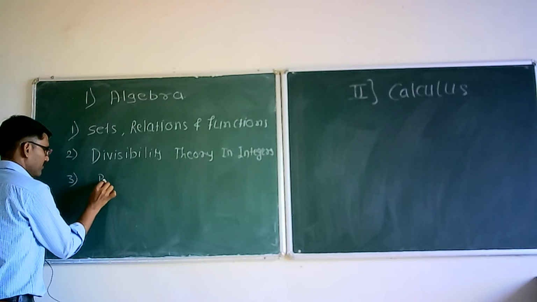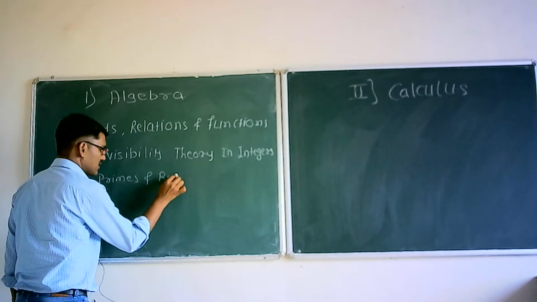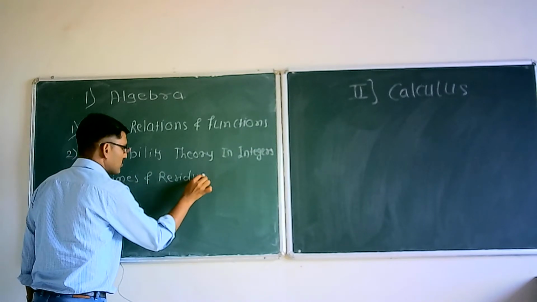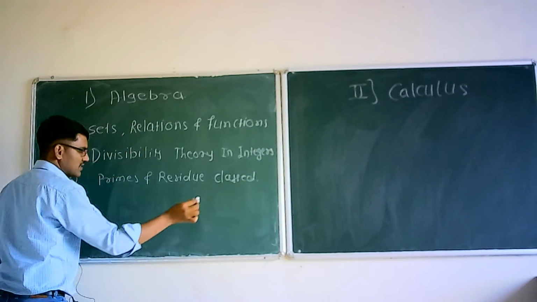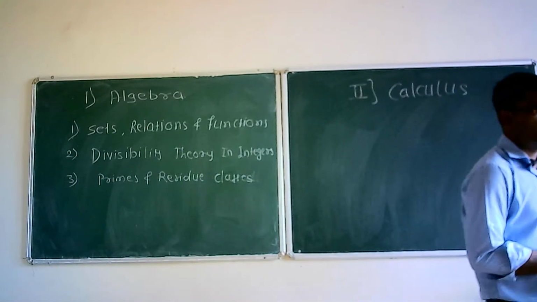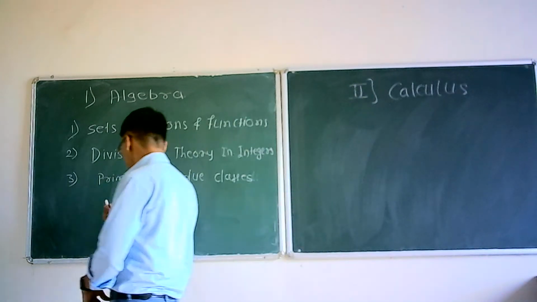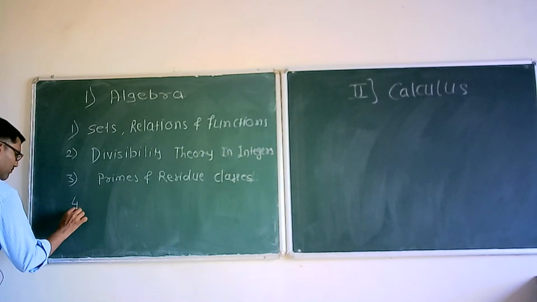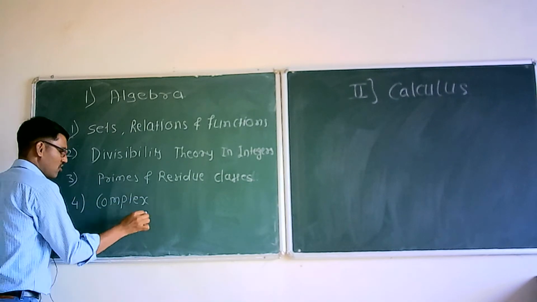Number 3, prime and residue classes. Congruence classes are also there. And last, number 4, complex numbers.